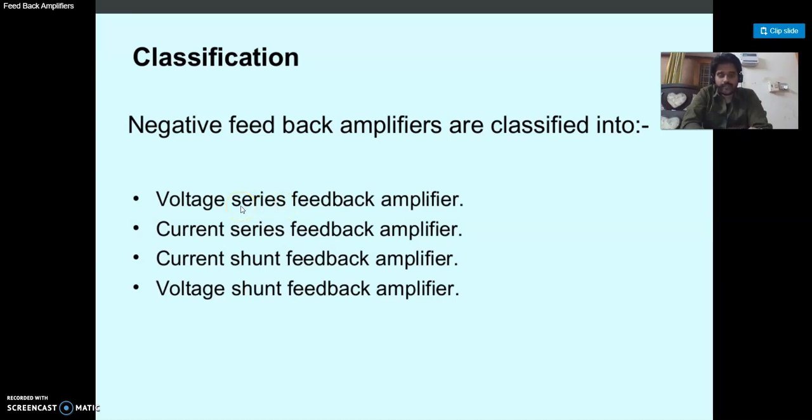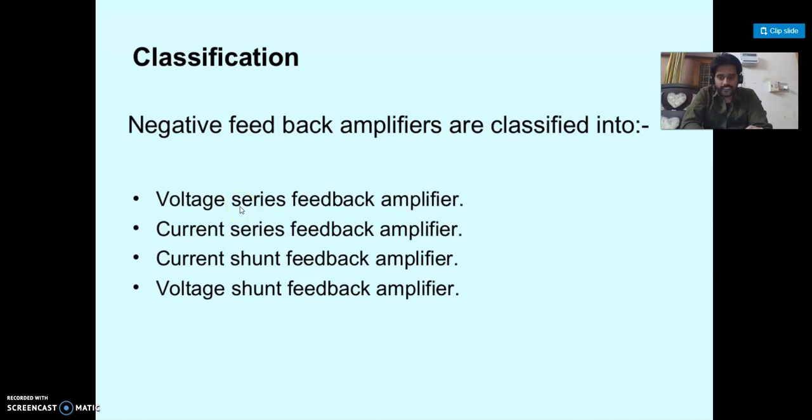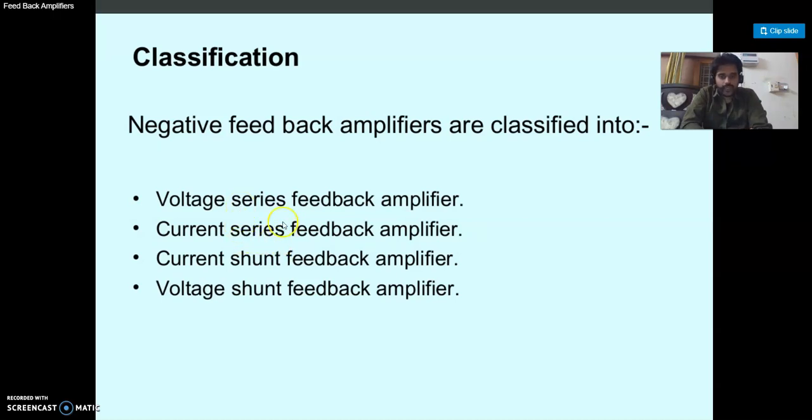I am repeating, if you have series as the second word, please take the voltage source at the input side. If you have shunt as the second word, please take the current source at the input side. For these two amplifiers, Vs is taken at the input end. For these two amplifiers, Is is taken at the input end.